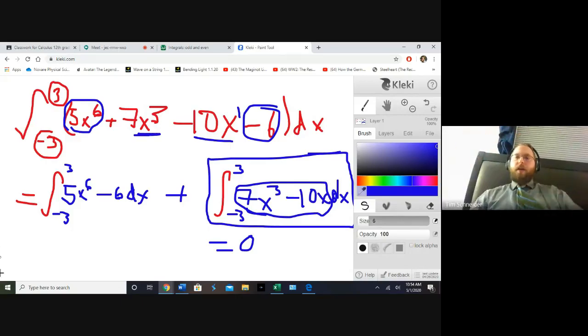You have a positive and negative that will always cancel each other out. So because we're going from -3 to 3, or from -19 to +19, because this is an odd function, it will be 0. And this one is 2 times the integral from 0 to 3 of 5x to the 6th minus 6.